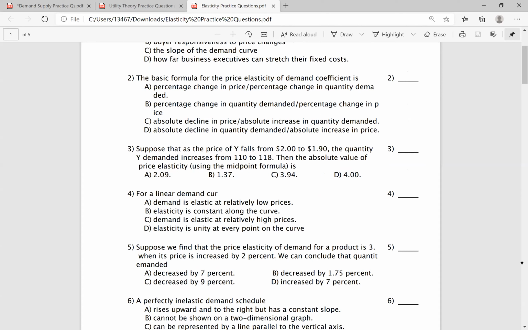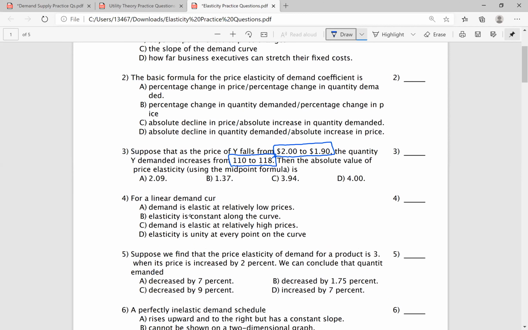Take a look at question number 3 here. It says, suppose the price of Y falls from $2 to $1.90 and the quantity demanded increases from 110 to 118. So using the midpoint formula, what is the price elasticity?